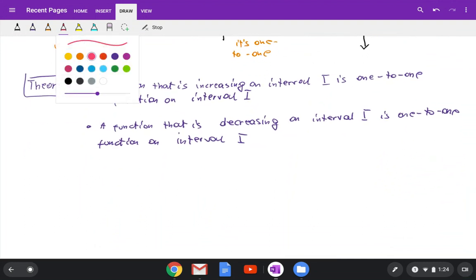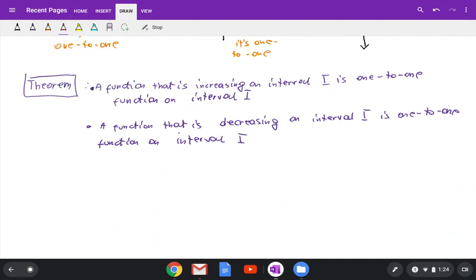So note, and this is really important: one-to-one functions don't have a local maximum or local minimum.